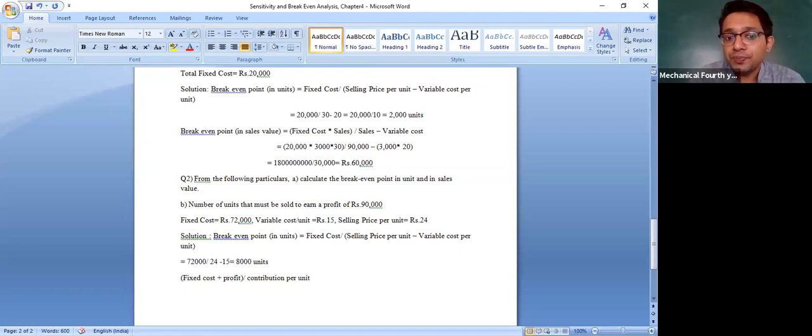This is the formula, Rohan. Fixed cost is given as 72,000 plus profit is given as 90,000, divided by contribution per unit. The number of units that we get, by selling that many you will get 90,000.